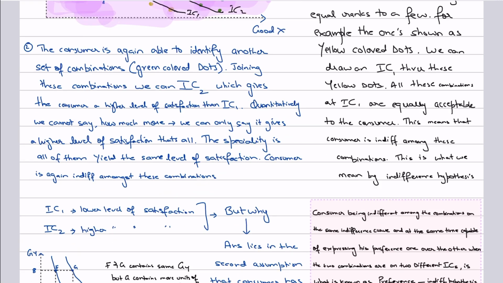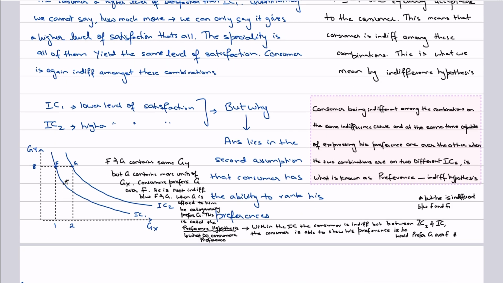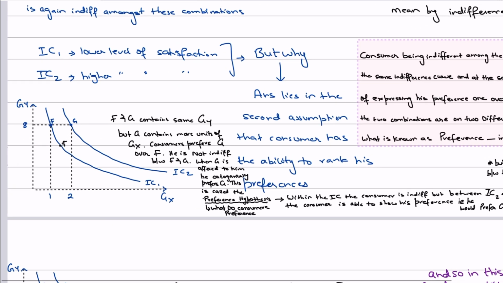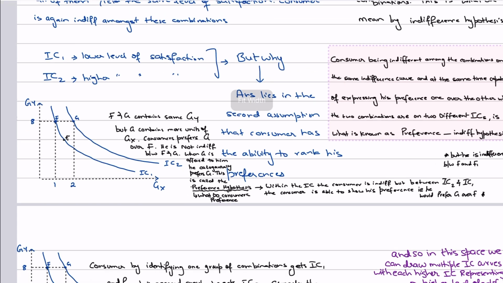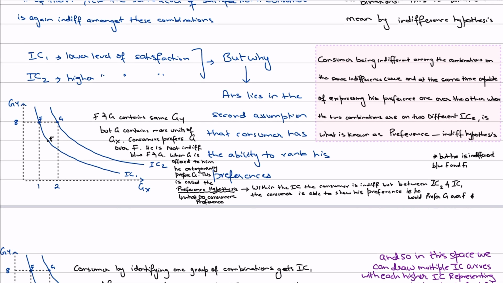IC2 is more preferable than IC1, right? But why is IC2 more preferable? How does the consumer know? Because our assumption is that the consumer has the ability to rank his preferences. The assumption of ordinal utility theory is that the consumer has the ability to rank his preferences.